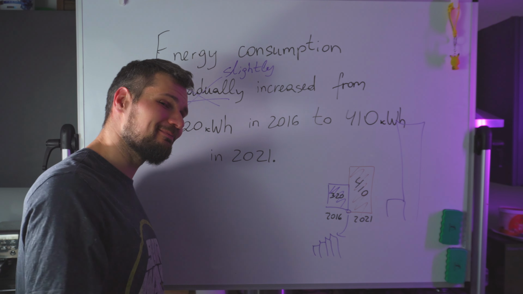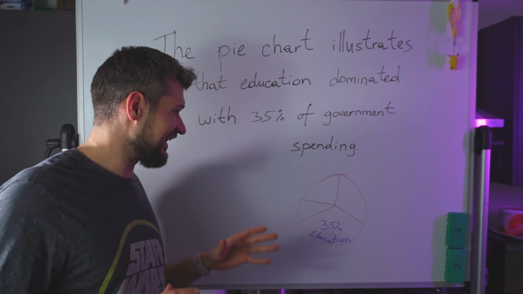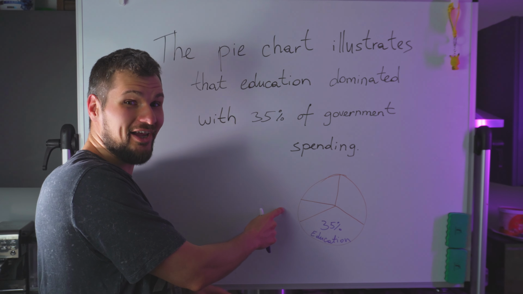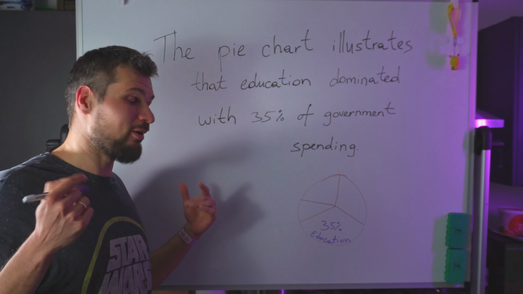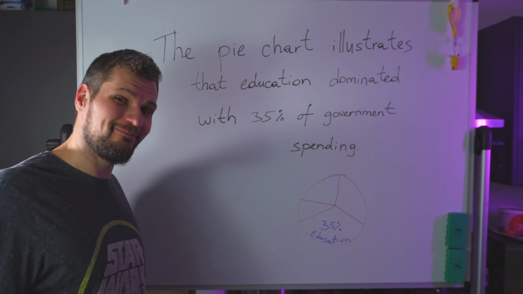Let's look at the next one. I also love this one, and this time we have a pie chart. Take a look at this example and let me know what is wrong with it.